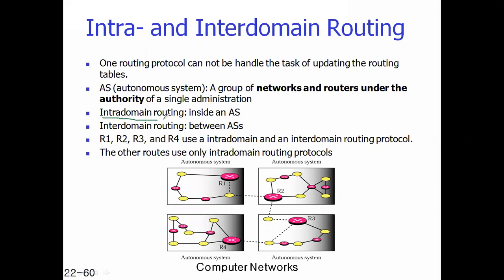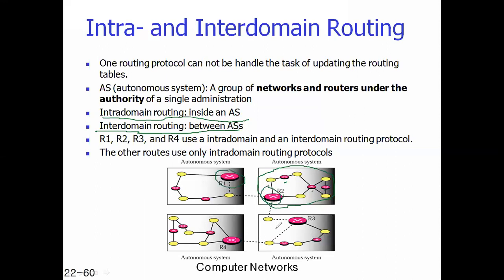One is the intra-domain routing protocol, meaning inside an autonomous system. Inside an autonomous system you will find these different routers, and we update them with the intra-domain routing protocol. Then there is the inter-domain routing protocol, which works in between autonomous systems.